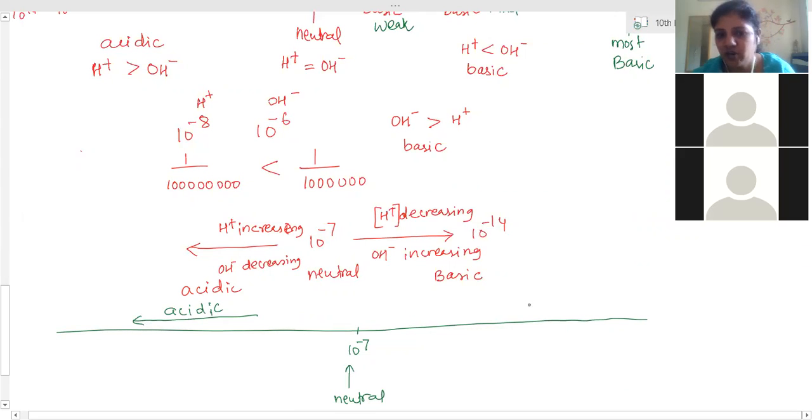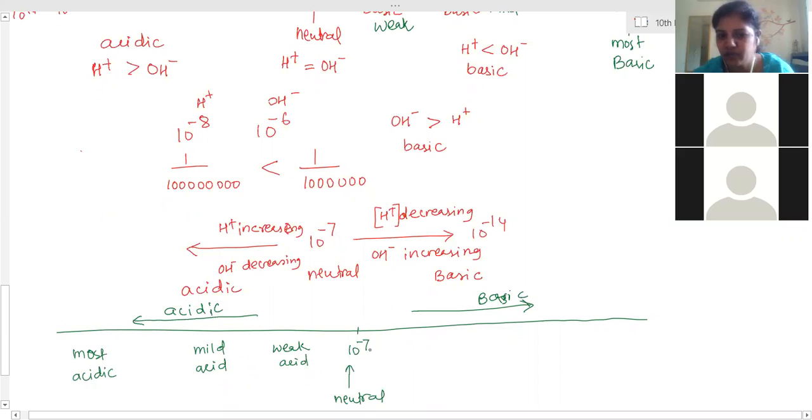And this side all basic solutions, and the arrow shows the increase in strength. Initially, these are weak acids. Then after that come the mild acids. And then at the end we get the most acidic.